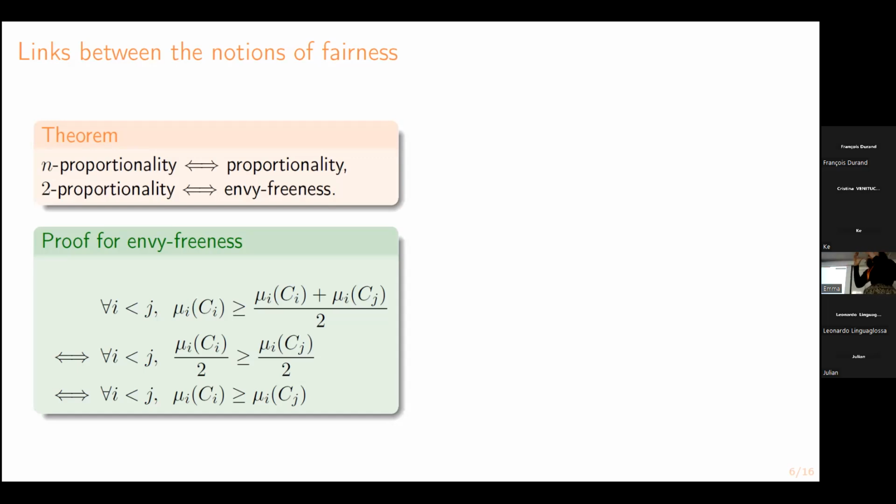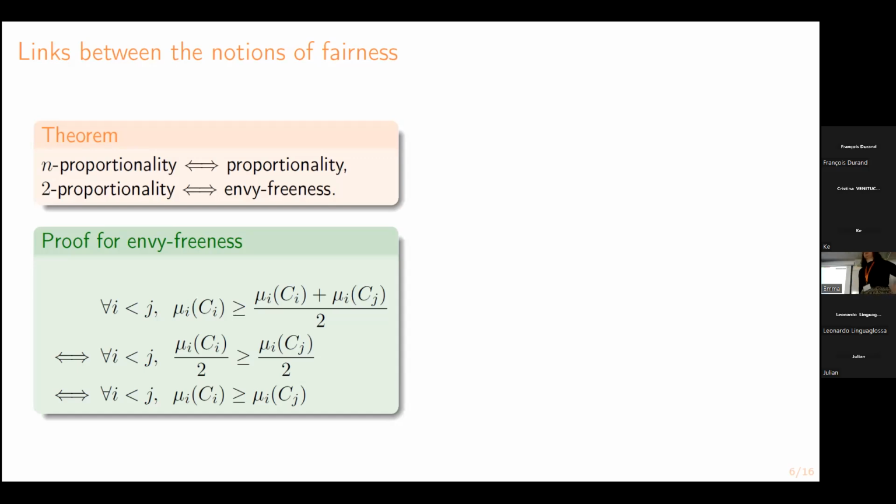And so you can imagine that k-proportionality is like the in-between, between something that is very restrictive and hard to obtain, and something that is less restrictive, but that will be easier to obtain. We will see later algorithms for both envy-free cake cutting and proportional cake cutting, and we will see that having a proportional cake cutting is much easier in practice than having an envy-free cake cutting.